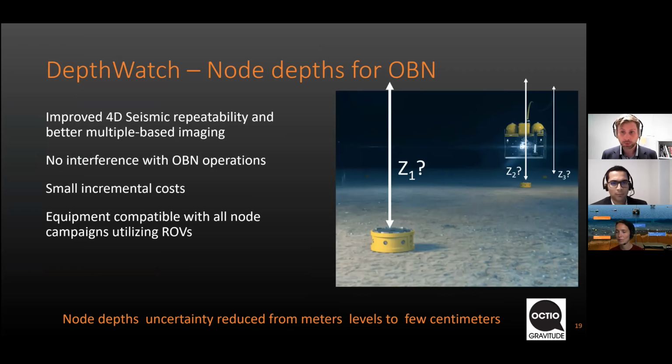Like 2,000 to 3,000 meters, then you can obtain very accurate measurements that will not be able to come from normal ROV measurements, and this can be quite significant when it comes to the improvement of, for instance, 4D seismic repeatability and better understanding the multiples when you are using normal imaging methods.